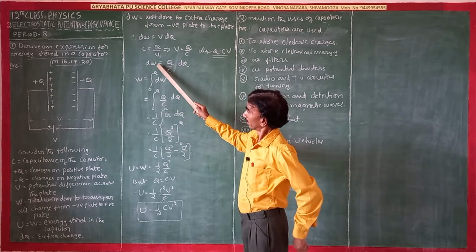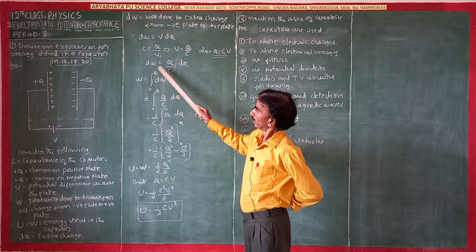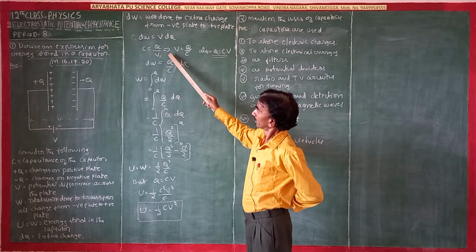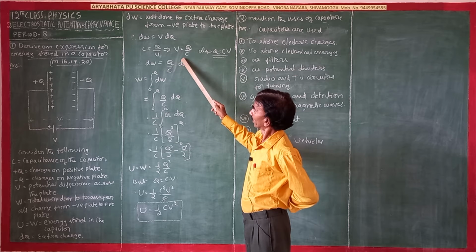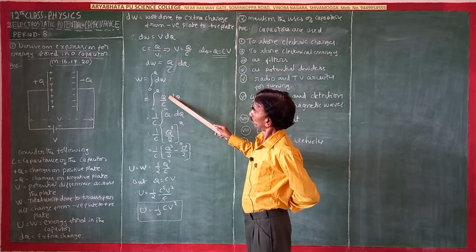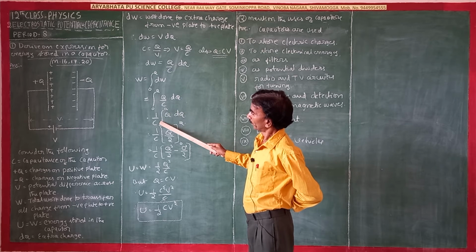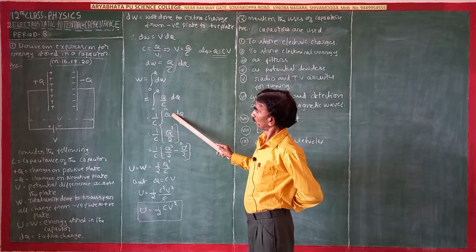Integrating dW, W is equal to the integral from 0 to Q of dW, which is the work done. dW means Q by C into dQ. 1 by C is common, so Q into dQ.